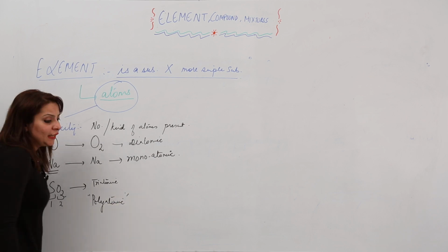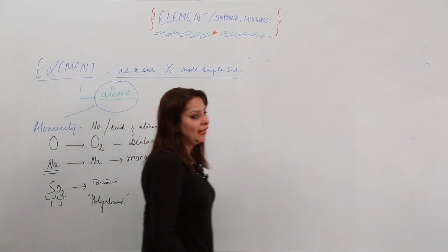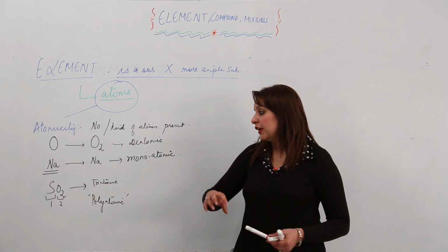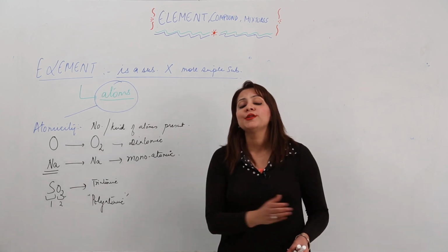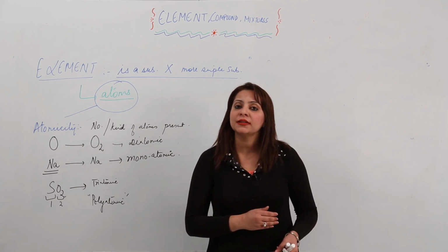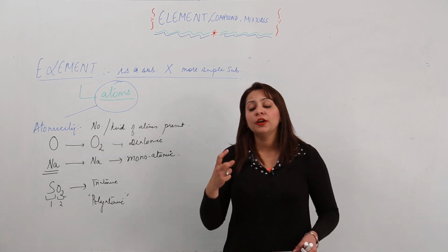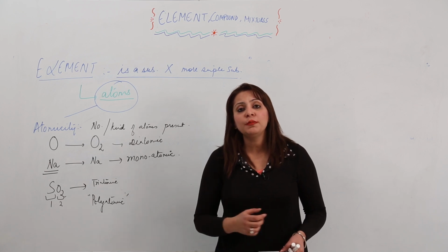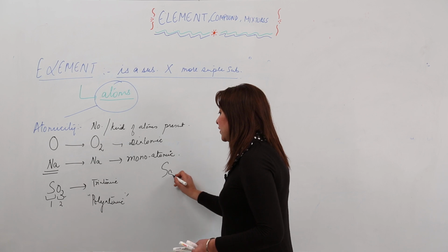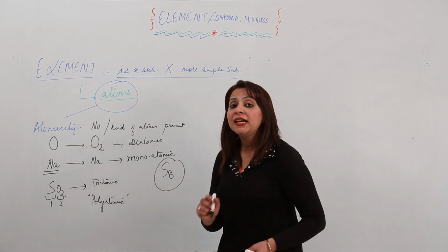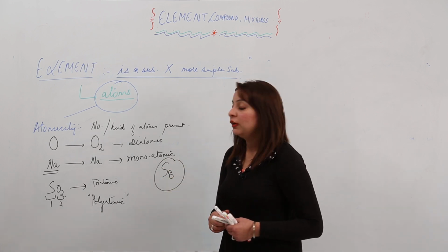You must be thinking, do we have any element in which many atoms combine to form a molecule? I want to answer that there are a few elements, or molecules you can say, formed by the combination of many atoms. Like sulfur exists in nature in an octatomic form, that is 8 atoms combined to form one molecule.